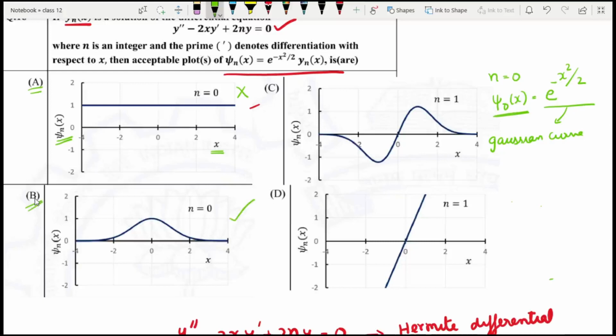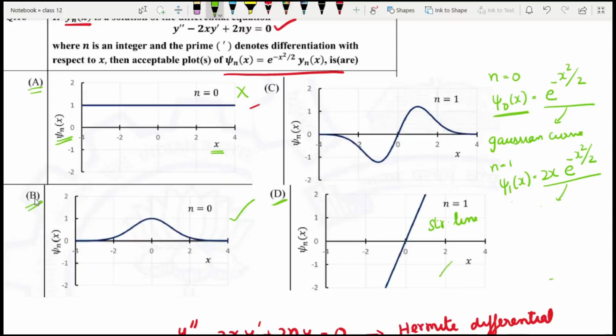Now for n is equal to 1, we get psi 1 of x is equal to 2x into e power minus x square divided by 2. If you see option D, they have given a straight line. But 2x into e power minus x square by 2 cannot give a straight line, and also this is not an equation of a straight line.